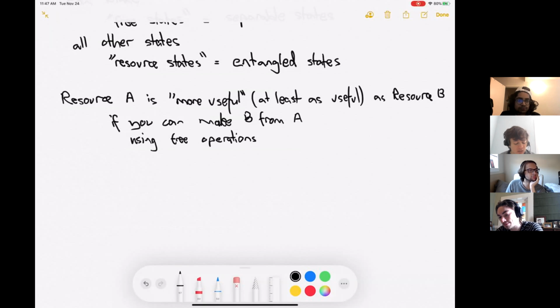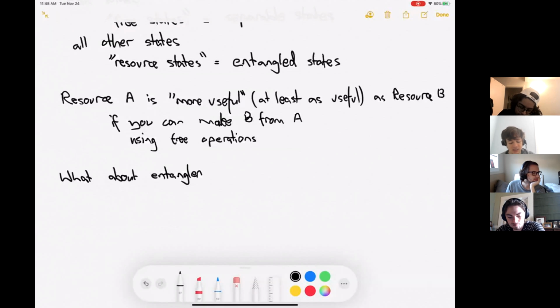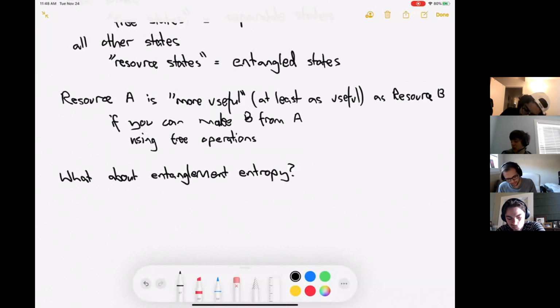Okay. So you might say, okay, but when we were thinking about pure states, we had this other definition of something being more entangled than something else, which was instead the entanglement entropy, right? So how does that sort of fit to this story? Is this sort of unrelated, completely different definition, or what?